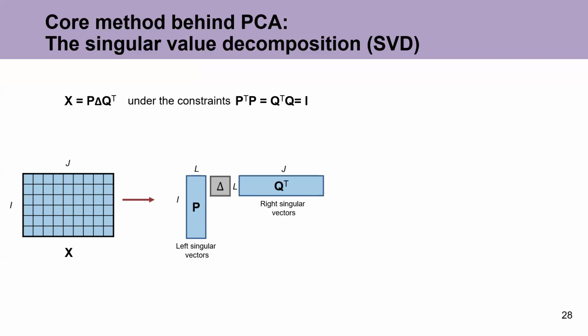So now I have my original rows described by the components. I have my, this is transpose, so I have my original columns described by the components. So these two matrices are doing the rotation for you. It's giving you the linear combination, and it's basically rotating the space.